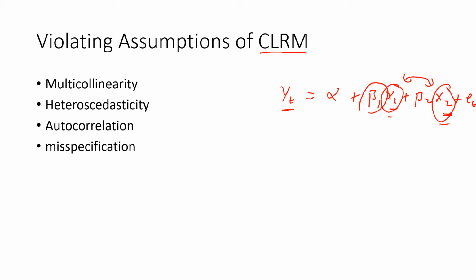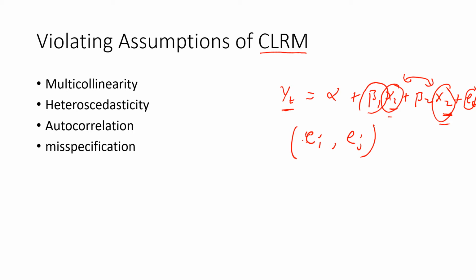Then there is another assumption associated with the classical linear regression model: the error term i and the error term, let's say j, should not be correlated, or the error terms in different time periods should not correlate with each other.